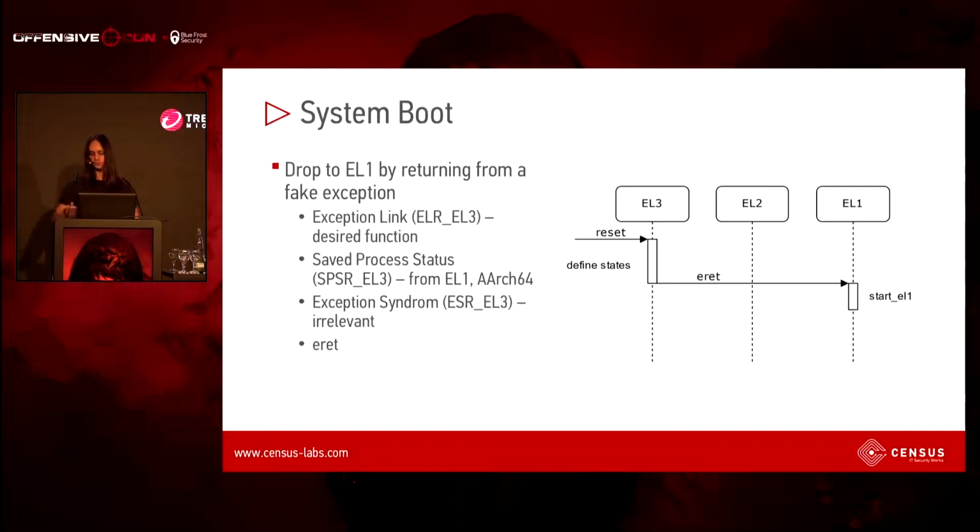The saved process status register holds the PSTATE, which is the state we were executing in when the exception happened. And we set that to 64-bit EL1. The exception syndrome register holds information about the exception itself, and as a result, for returning it is irrelevant. So after setting these values and executing the eret instruction, we are now executing at EL1 at a function, for example, start EL1 in this layout.